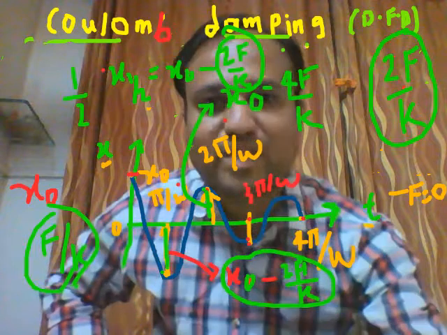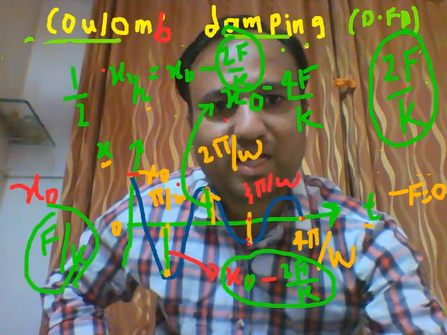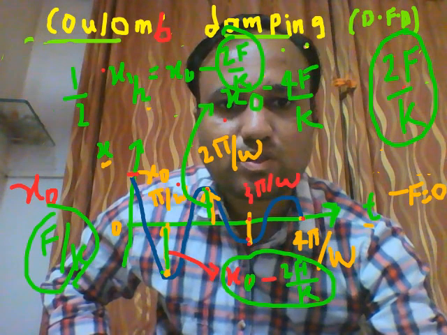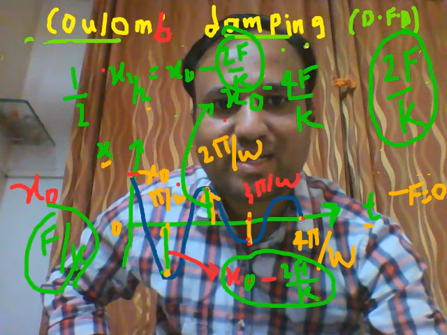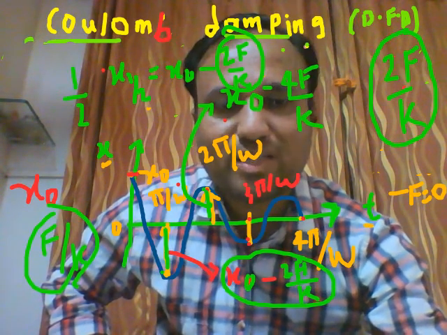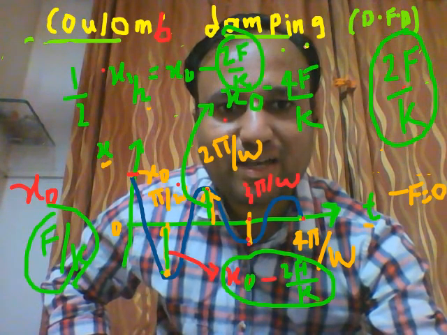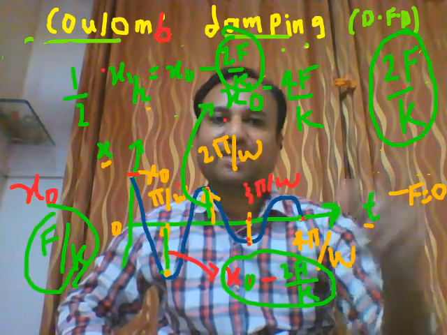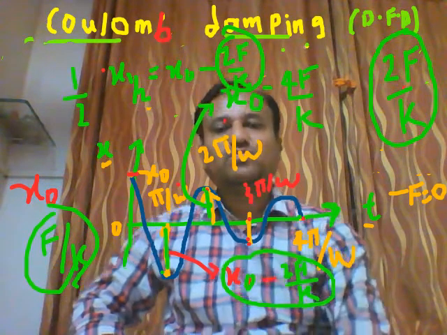So in full cycle, decrement will be 4f by k. So in the next cycle, amplitude will be x0 minus 6f by k, and after 2 cycles, x0 minus 8f by k. Right? It is student.